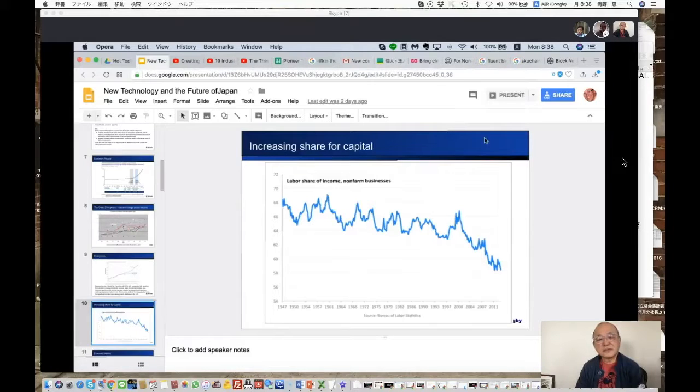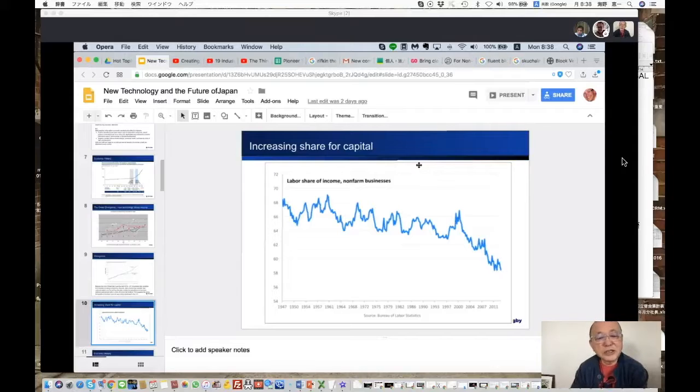Productivity as a whole, the output, is increasing. That means the capital component is becoming bigger and bigger. Where it used to be like 80% labor, now it's only 20% labor.